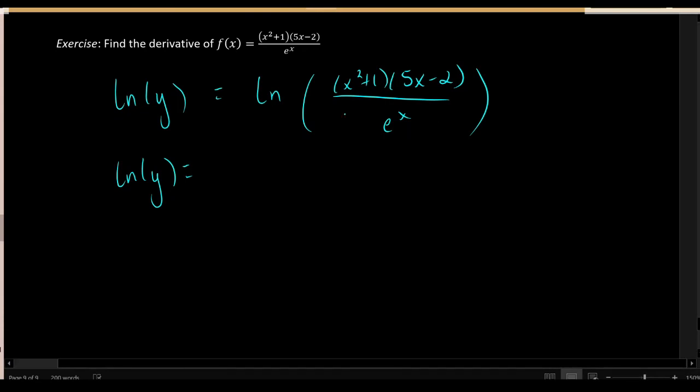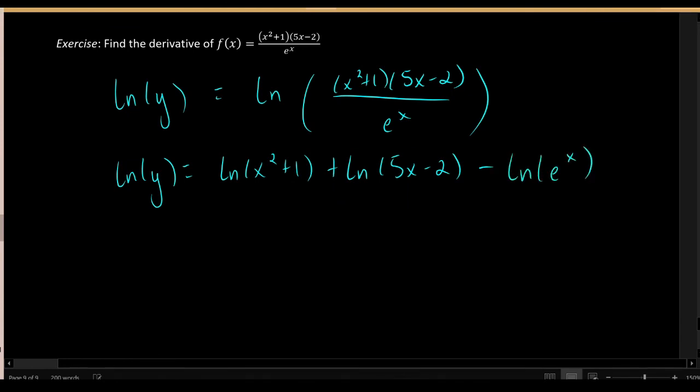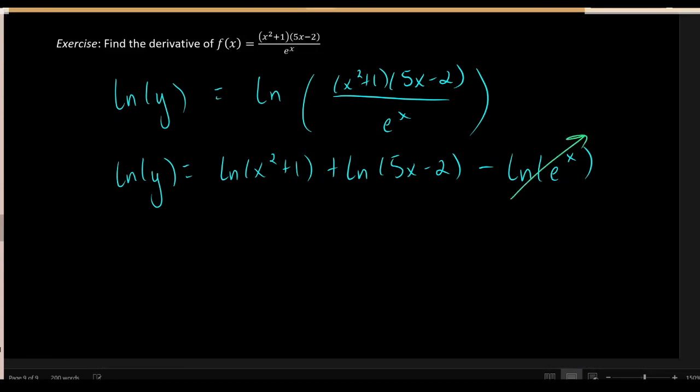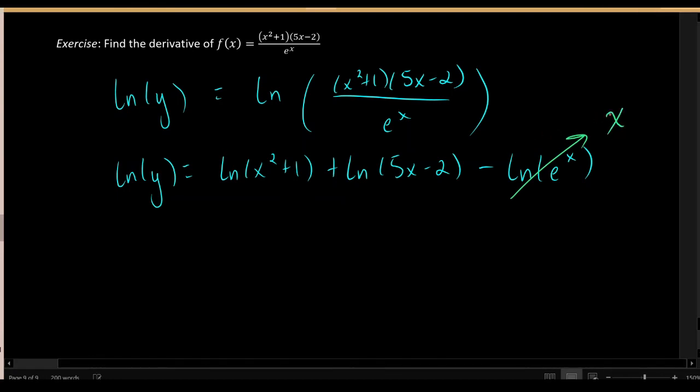So this quantity can be rewritten as the natural log of x squared plus 1, plus the natural log of 5x minus 2, minus the natural log of e to the x. And the natural log of e to the x can be simplified much further because natural log and e cancel out. So this is just equal to x.